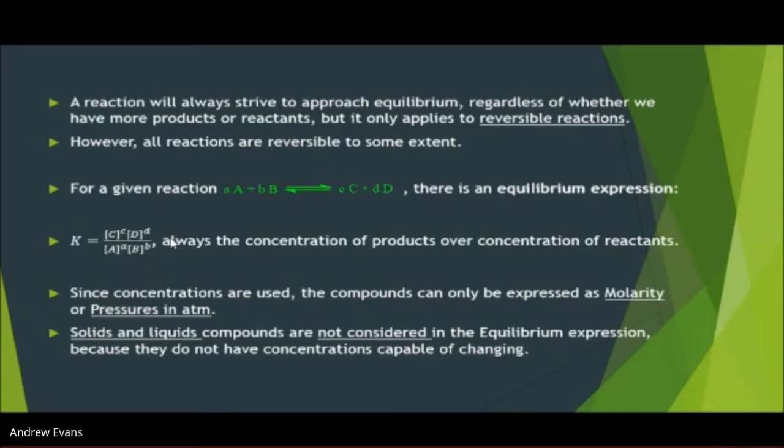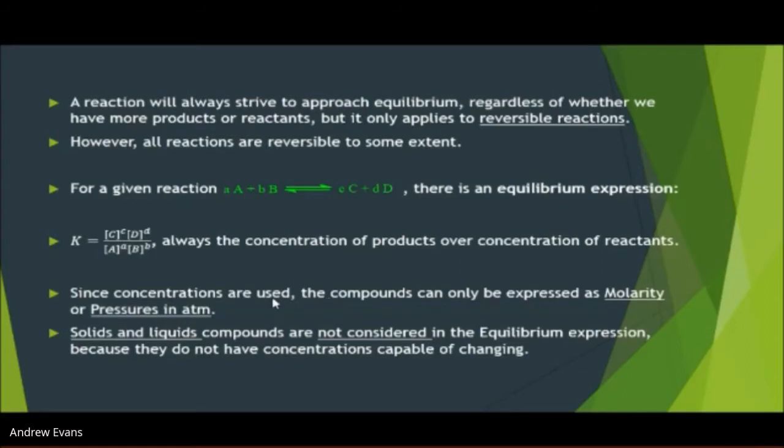Always products over reactants. The concentration of products over the concentration of reactants. This is what it means. It doesn't matter if the elementary reaction is this or that. We are only looking at the overall reaction of how many reactants get consumed and how many products get formed, because that's going to control where the equilibrium lies.